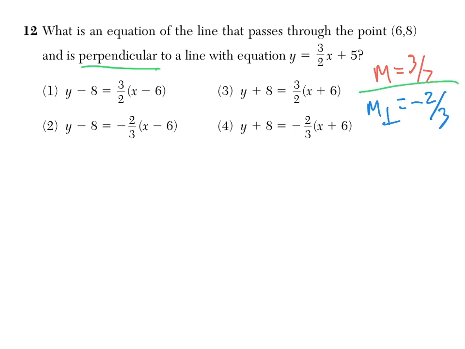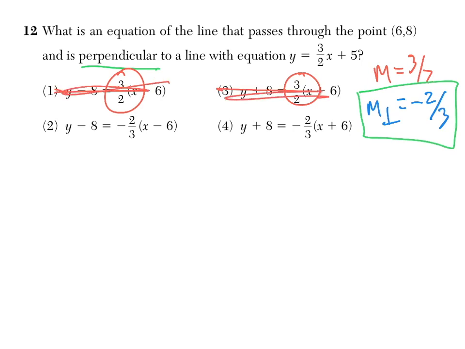Great. So this is going to be the new slope, and we can actually eliminate option 1 and 3 because I see that they both have the original slopes, like 3 halves, and we don't want that. So it's going to be either option 2 or 4. And we also recall that point slope form is written like y minus y1 equals m times x minus x1, right?